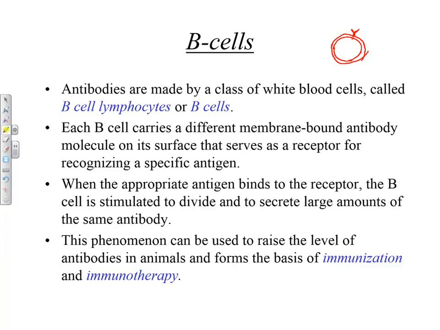And that antibody molecule will have exactly the right shape for one specific antigen. So when the antigen comes and binds here, remember I talked about transmembrane proteins, when something binds there is a signal transduction inside the cell. It will stimulate the cell to divide. When the cell divides, it produces another cell that will have the same antibody on it.